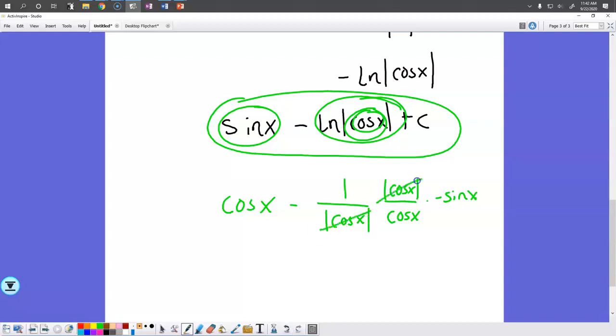Anyway, so the absolute values you can just get rid of, and so we're left with cosine of x minus a negative sine of x over cosine of x. Those just add together, right? Because double negatives make a positive. We need a common denominator, so I'd multiply this one by cosine x on the bottom and on the top. Cosine times cosine is cosine squared.